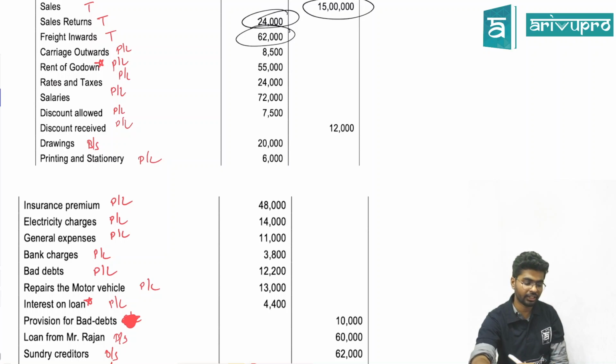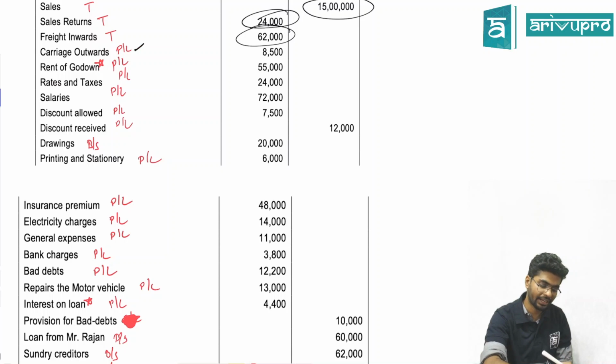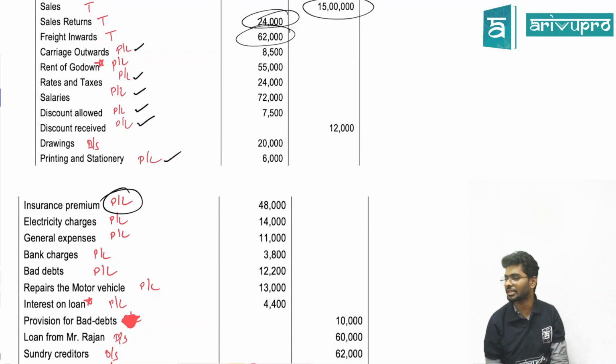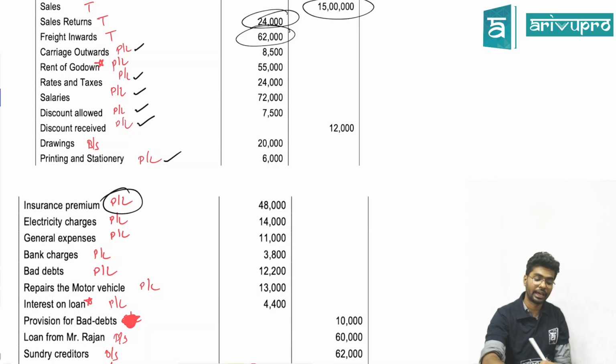Other things we will fill up. Carriage outwards, rates and taxes, salary, discount allowed, discount received, printing and stationery, insurance premium. I think we had some adjustment, so we'll keep it aside. Electricity charges, general expenses, bank charges, bad debts.